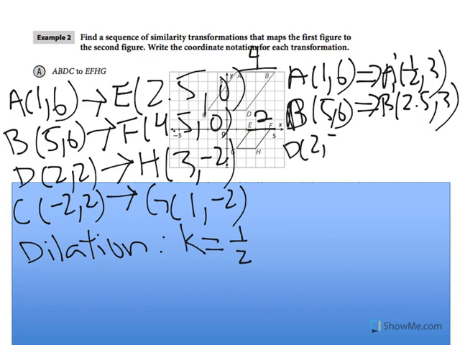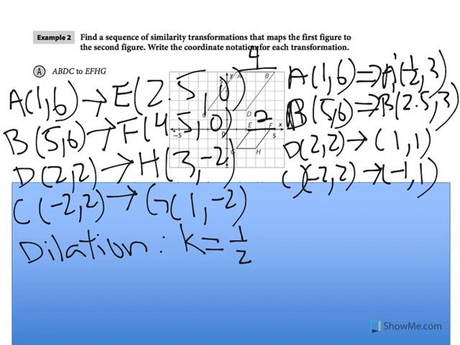D is at (2, 2), so half of it would be (1, 1), and C (-2, 2), half of it will go to (-1, 1), but which is still not this point yet. So we need to do some transformation.